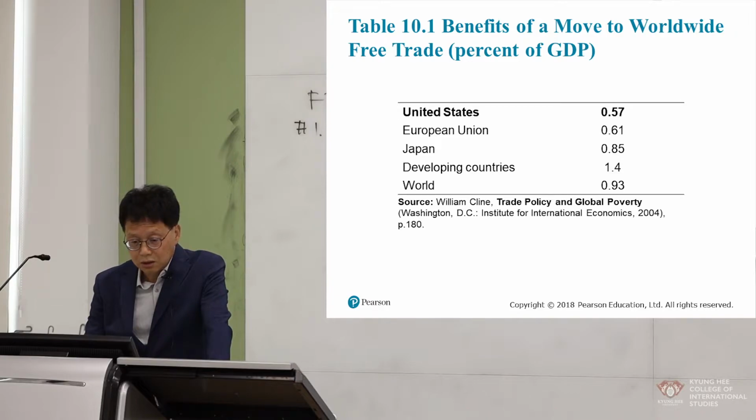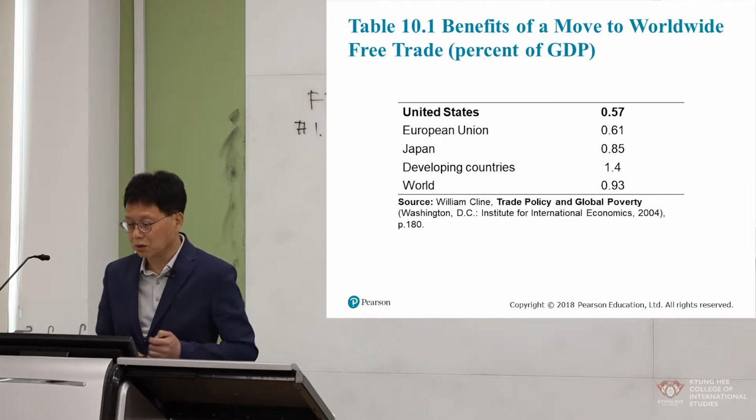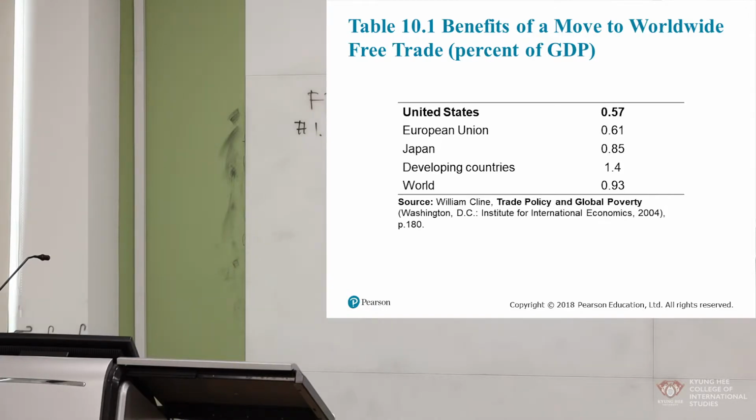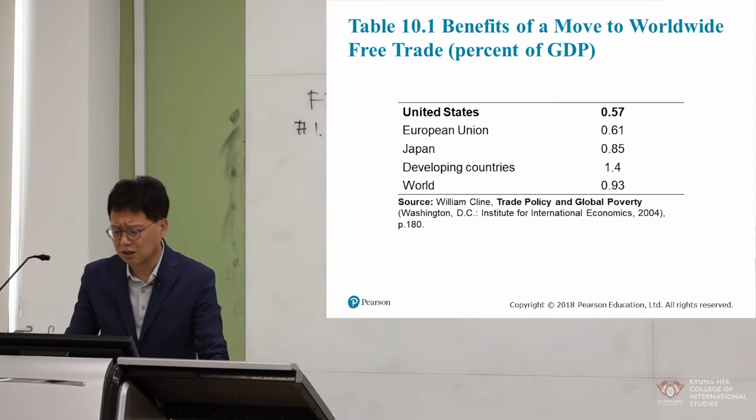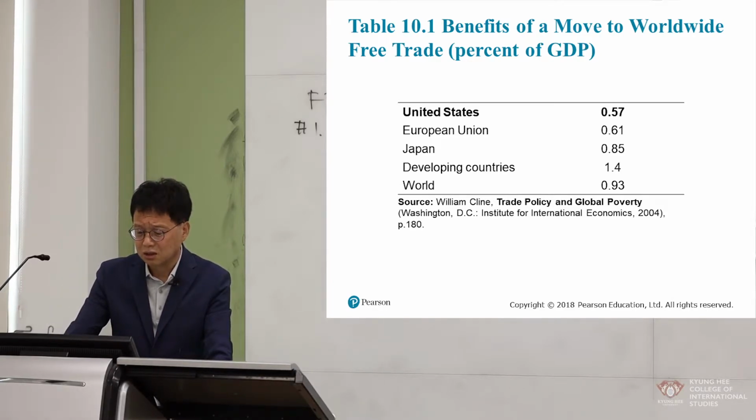Okay, so look at slide number 7, table 10.1, benefit of moving to worldwide free trade. This is a simulation result in which all the remaining tariffs of all countries are eliminated. Then what happened? United States GDP increased by 0.57%, EU 0.61%, Japan 0.85%.